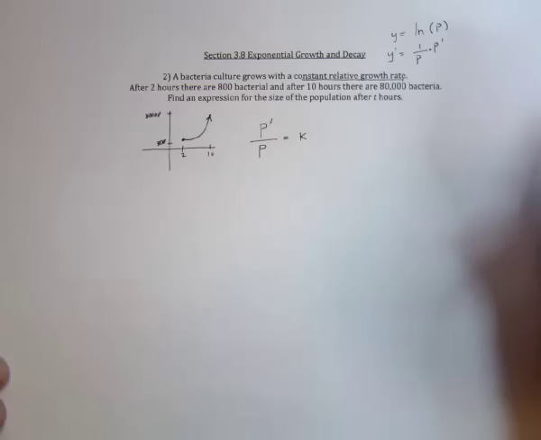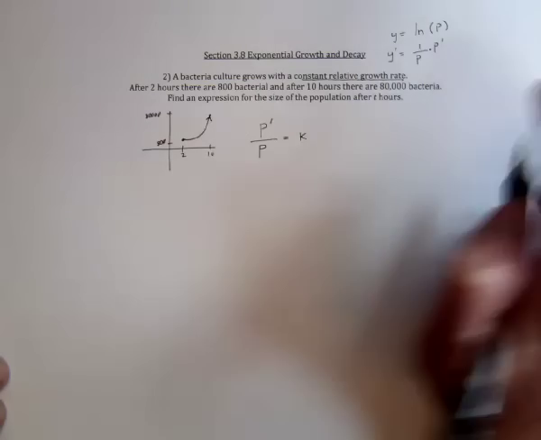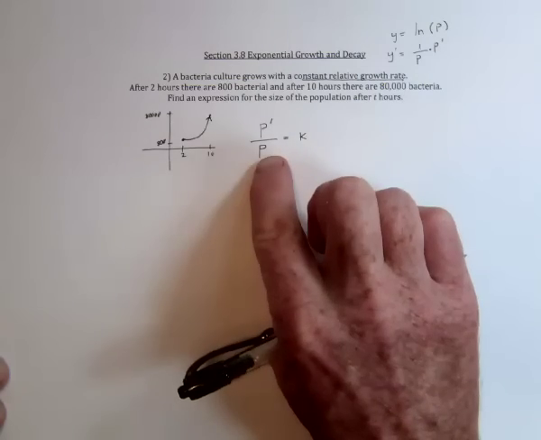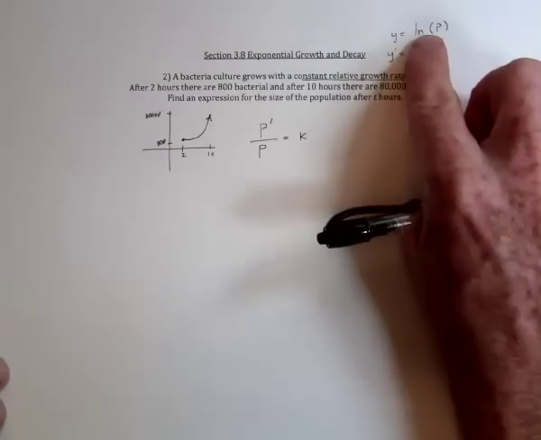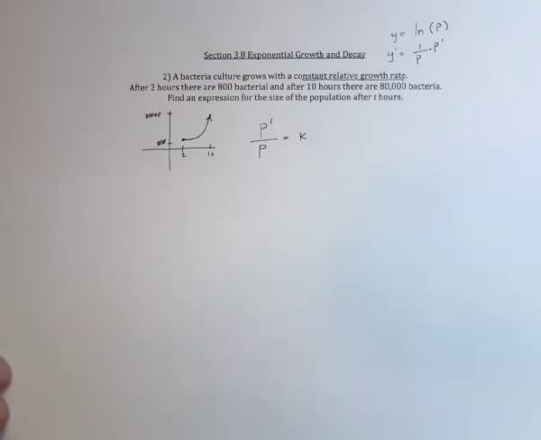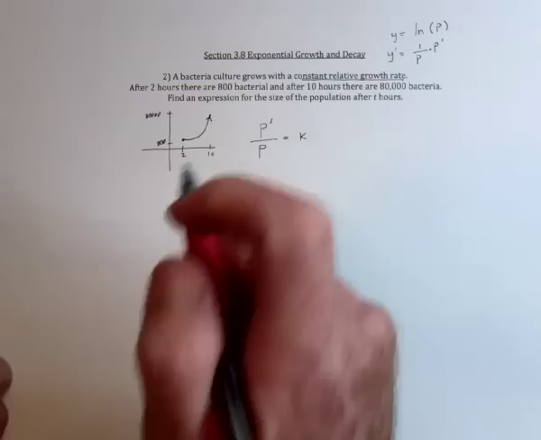That would be p prime. So this process is asking us to go backwards from that. So you've got p prime over p, go backwards, and the original function would have been natural log.